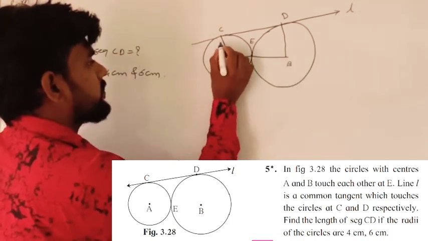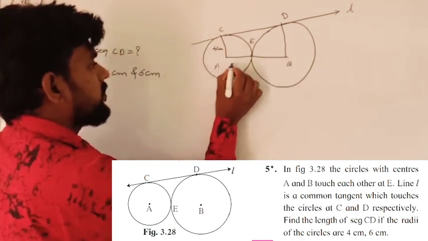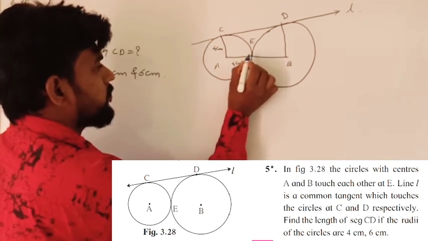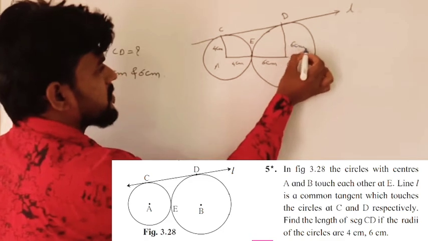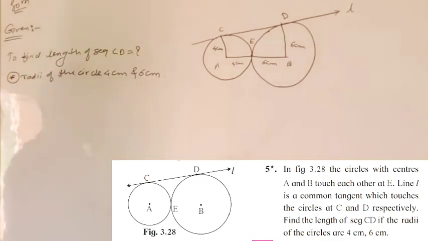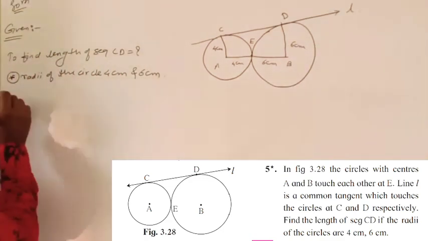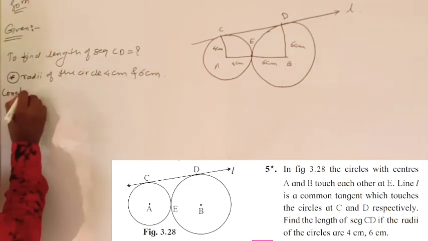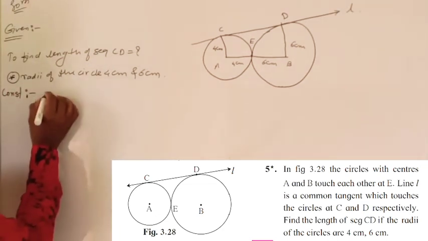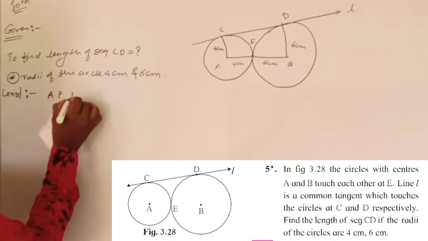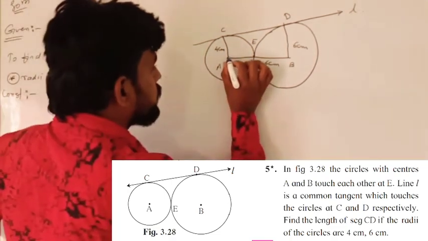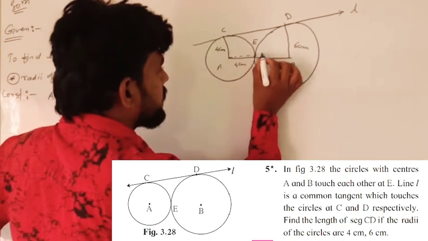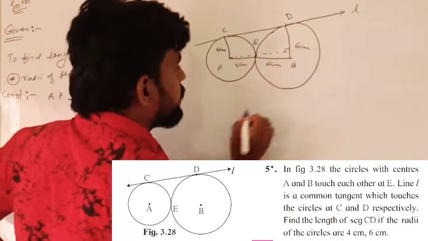We know this is 4 centimeters, and this is also 4 centimeters up to point E. This is 6 centimeters and this is 6 centimeters. Now we will do a construction: AP is perpendicular to BD. How do we do it? We draw AP perpendicular to BD.